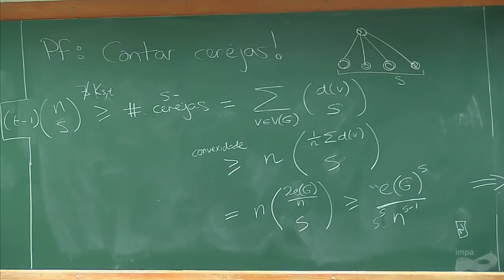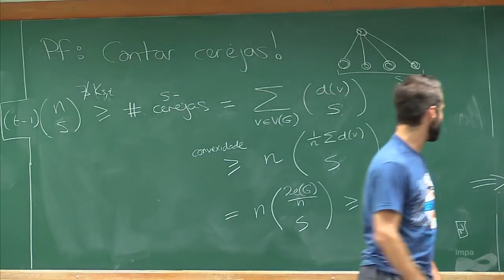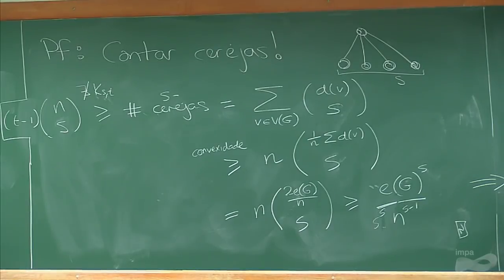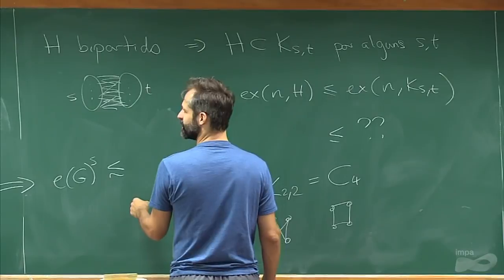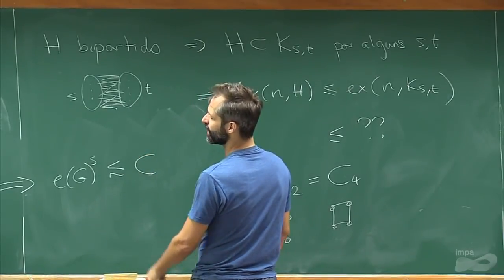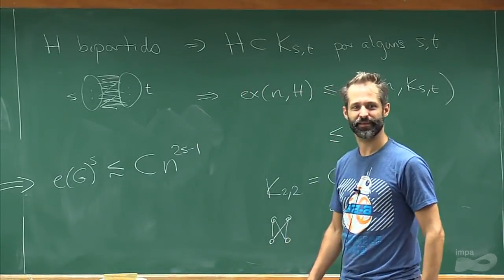Is it okay? So what does it imply? This is at most this. Let's just forget all the constants. E of G to the S is at most, up to some constant factor, n to the 2S minus 1.